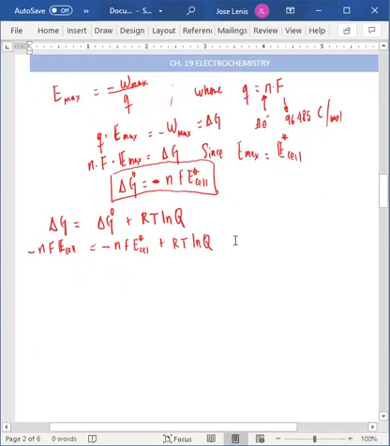So these 2 numbers are constants. Therefore, E of the cell under non-standard conditions equals standard potential of the cell plus RT natural log of Q.